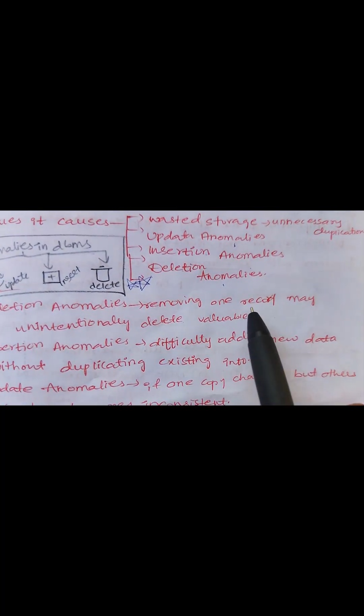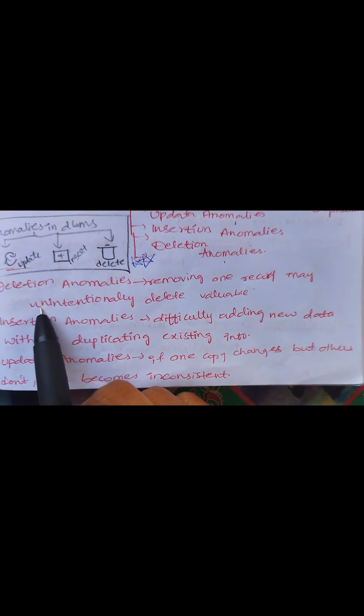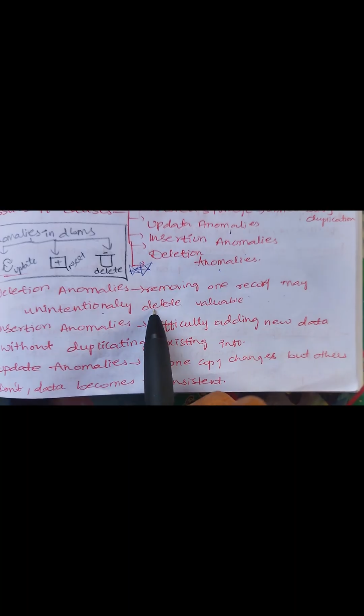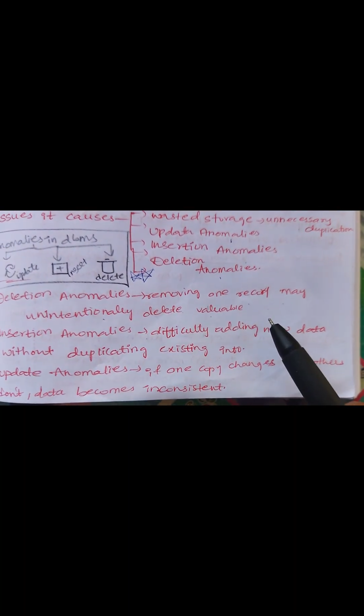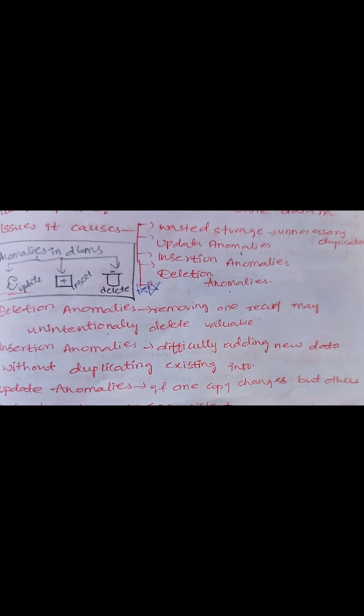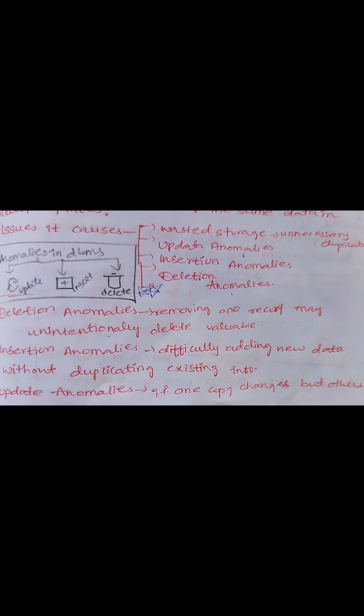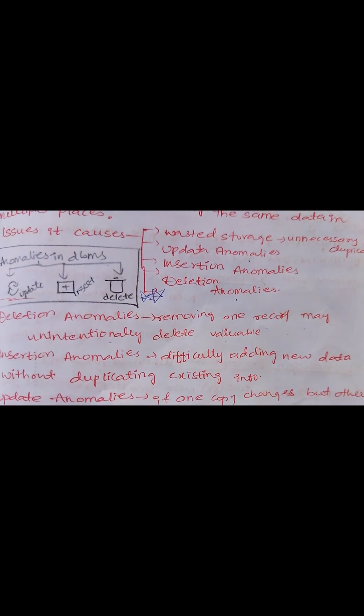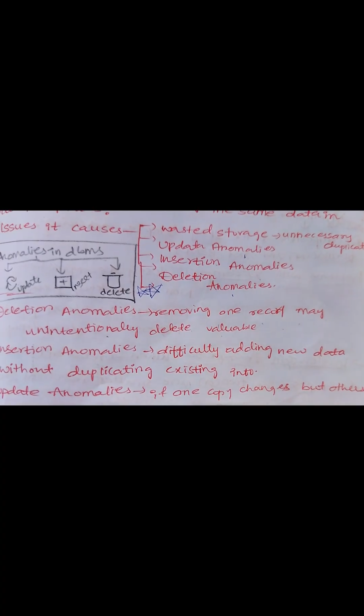Deletion anomalies: removing one record may unintentionally delete valuable things, like removing some records in a particular table. It may sometimes cause problems, which is known as deletion anomalies.